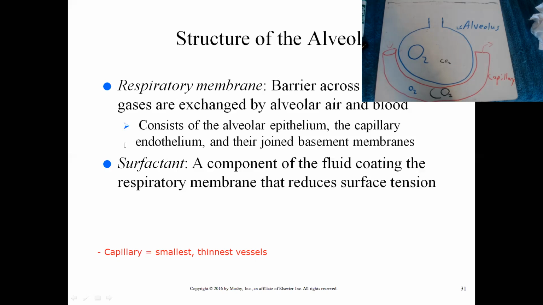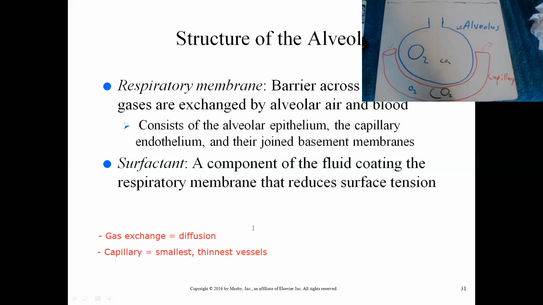Now, the gas exchange occurs purely by diffusion. You talked about diffusion in AP1, Unit 1. Just to remind us, diffusion is a chemical going from high concentration to low concentration.